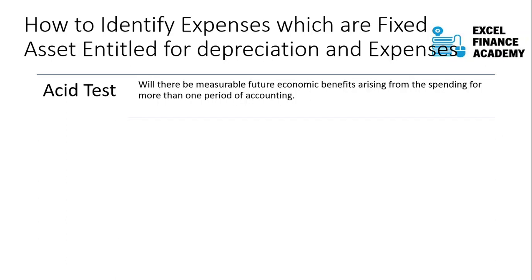If whatever you spend, you see the value of this spending is going to last for more than a year, it calls for a fixed asset. But you may define by your own accounting policy, based on your amount, how much you want to recognize as a fixed asset or you want to charge immediately as an expense. But the definition is there.